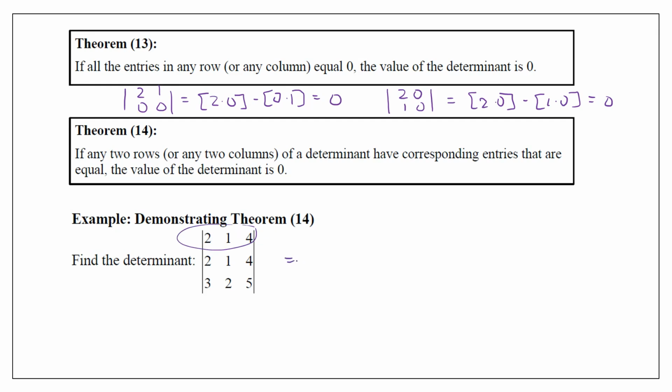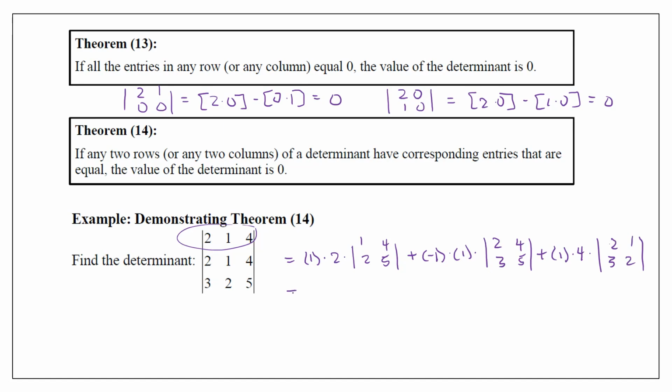Since it's row 1, column 1, we are going to start with 1 times our entry 2 times the determinant 1, 2, 4, 5, plus, and this will be negative 1 times our entry 1 times our minor 2, 3, 4, 5, plus 1 times our entry 4 times its minor 2, 3, 1, 2.